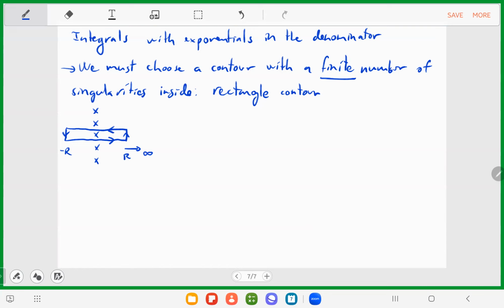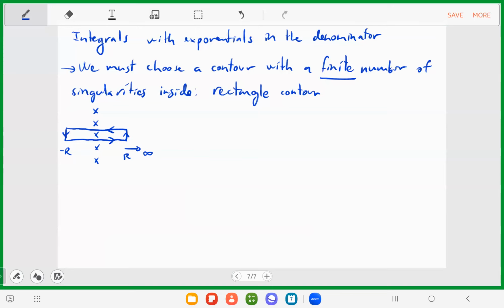If we make this rectangle longer and longer, and all the singularities are on a vertical line, then the number of singularities inside will always be 1, for example, or 2, or whatever we choose.